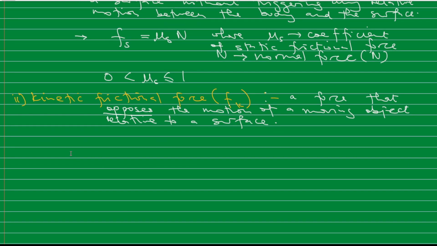Now we also have a formula for the kinetic frictional force, which is Fk is equal to mu k n, where mu k represents what is called the coefficient of kinetic frictional force.